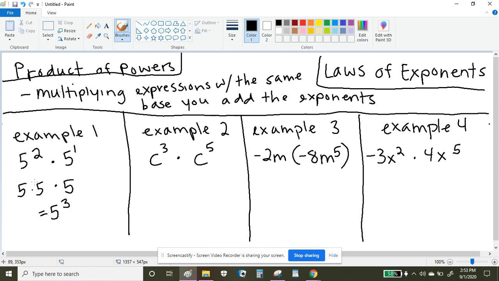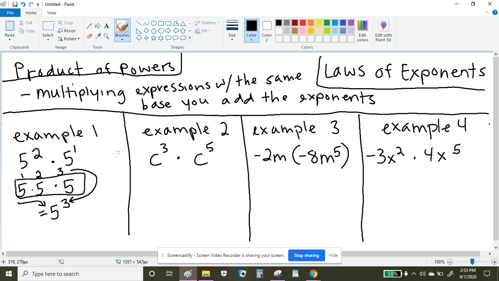Now, if we think about it, when we said we're multiplying an expression by itself however many times, this becomes the base, which is correct, and the number of times that we multiply them together becomes the exponent. So we just proved that law. When we're talking about laws, that means that it's set in stone, that it's always going to work.